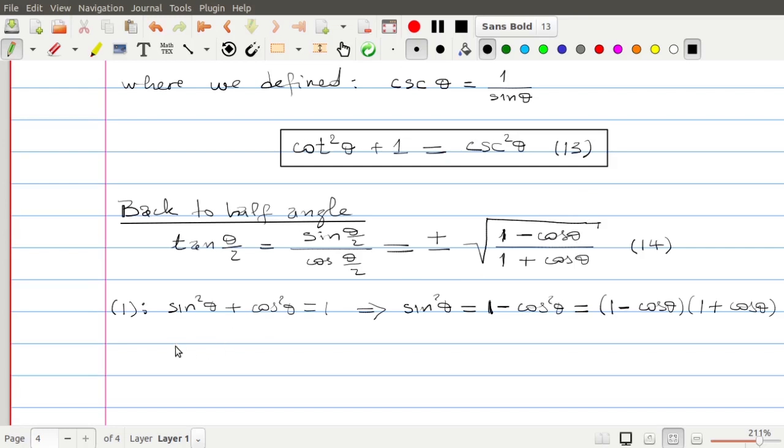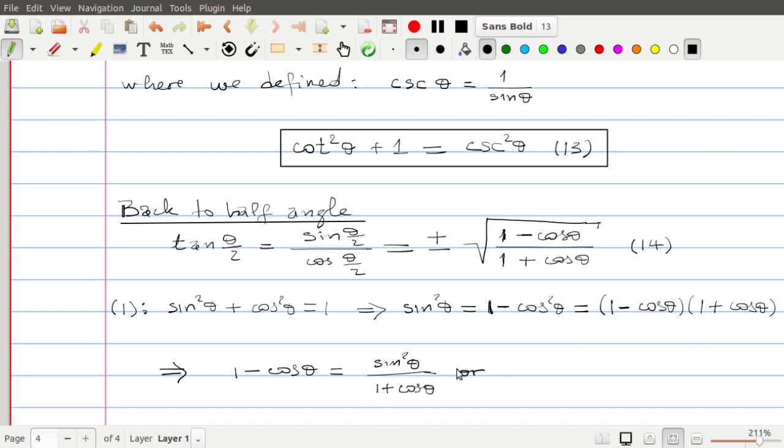So if we do that, we can write that 1 minus cosine theta is equal to sine square theta by 1 plus cosine theta.